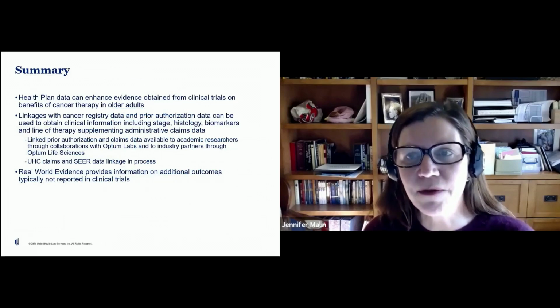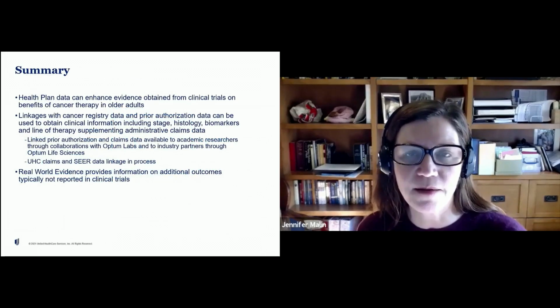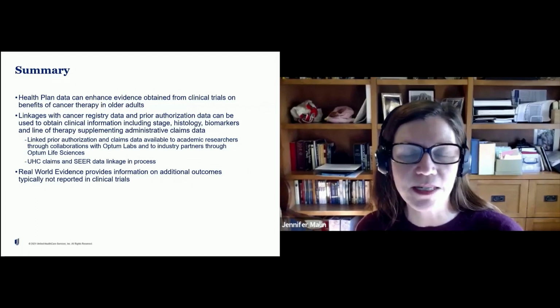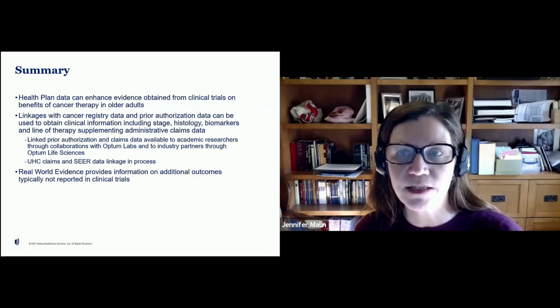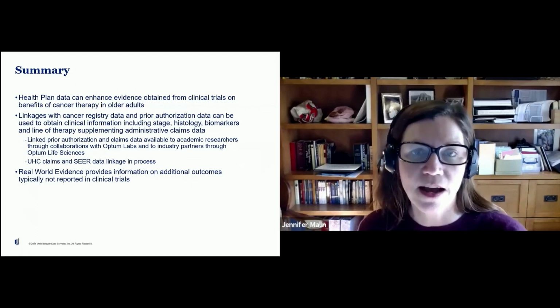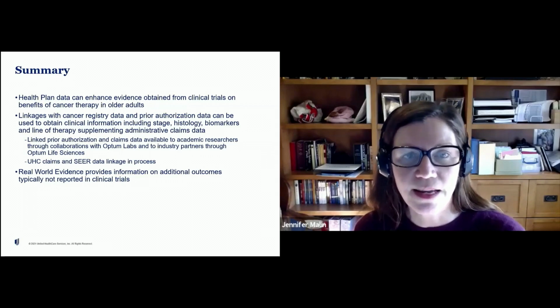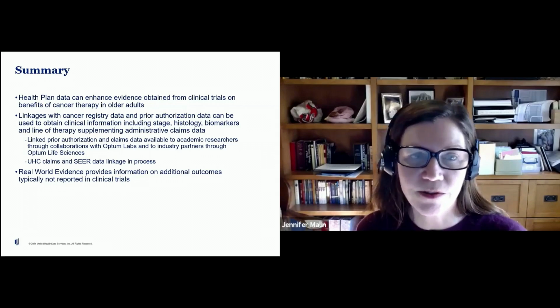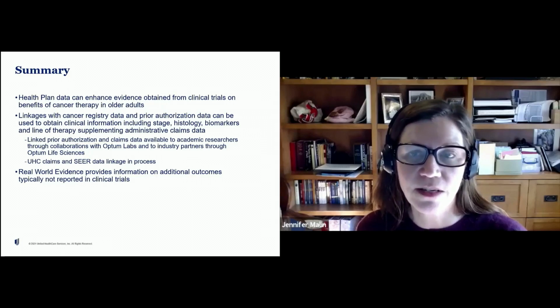So in summary, I'm looking forward to the discussion where I imagine we'll get into some more detailed questions. Health plan data can enhance the evidence obtained from clinical trials on the benefits of cancer therapy in older adults. Linkages with cancer registry data and prior authorization data can be used to obtain clinical information, including stage, histology, biomarkers, and line of therapy, supplementing administrative claims data.